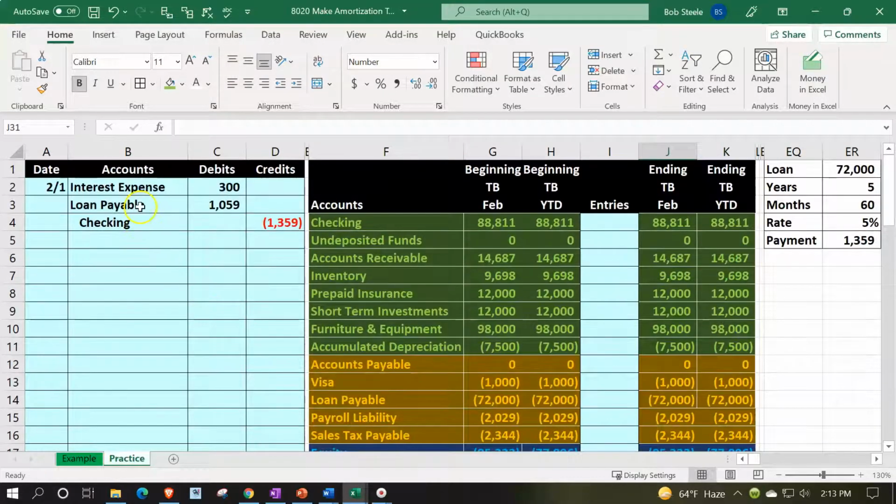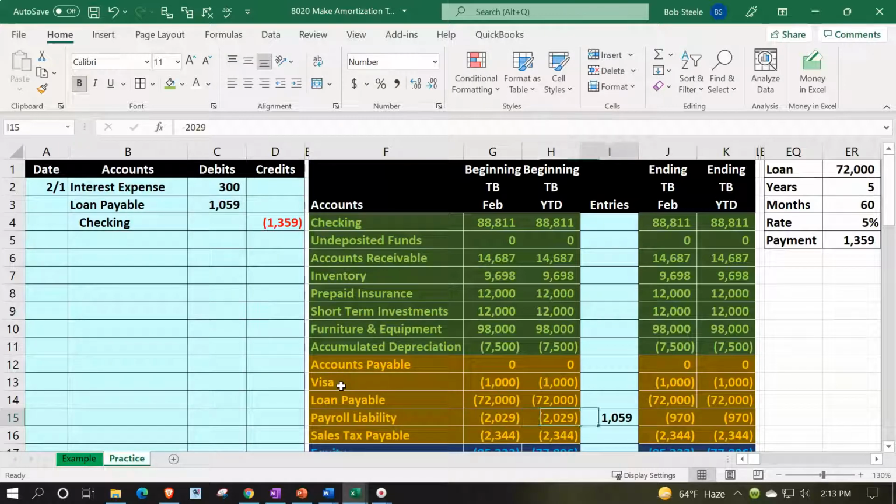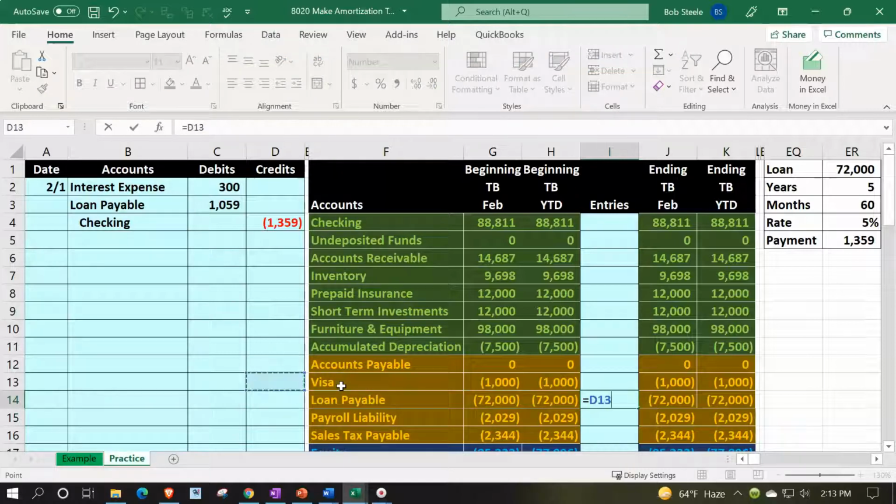Then we're going to go to the loan payable. Loan payable is in I-15, equals. We're going to scroll up to the loan amount of the 1059. So we had the 2029. Both sides are now going to go down. That's the wrong area. Hold on a second. We're on I-14, the loan payable, 1059.